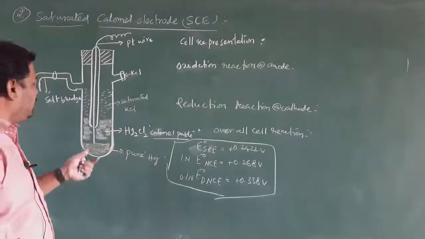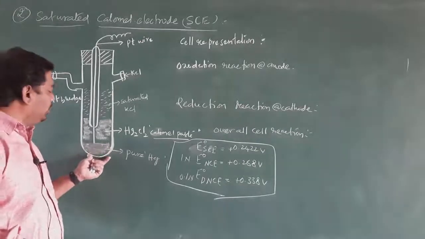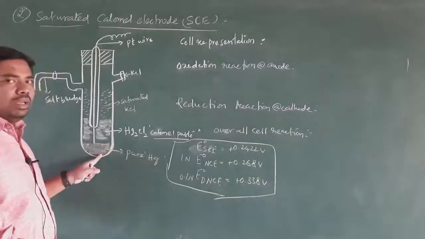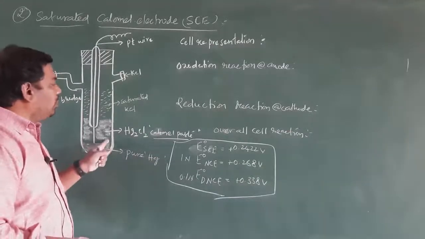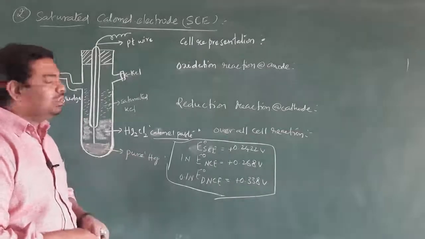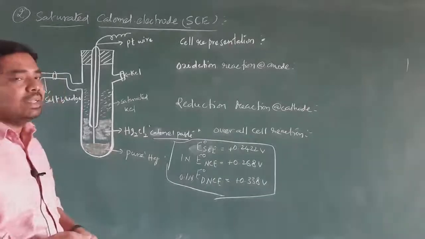Here you can see, at the bottom of the glass tube we are taking pure mercury. This pure mercury is covered with mercurous chloride, which we call calomel paste.